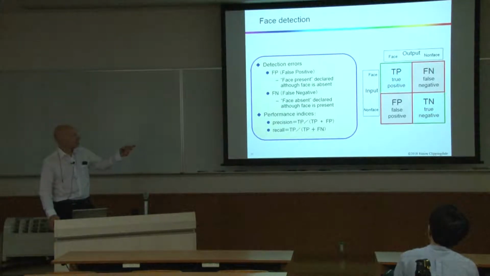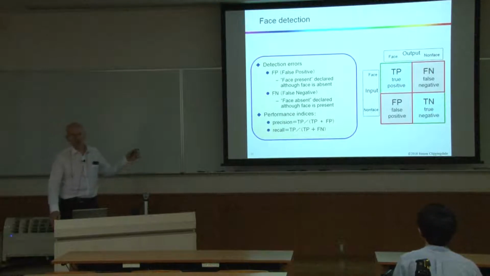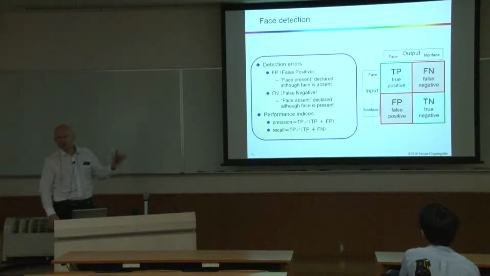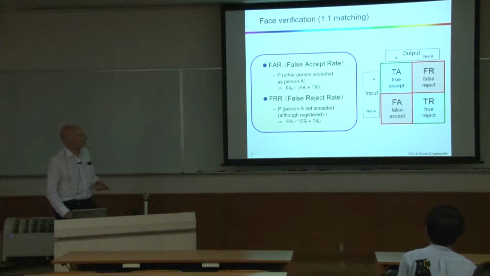From these different types of error come performance indices known as precision and recall. And you'll see precision and recall used in a wider context than this for things like search, retrieval, and so on. But in the case of face detection, these are the definitions of those.